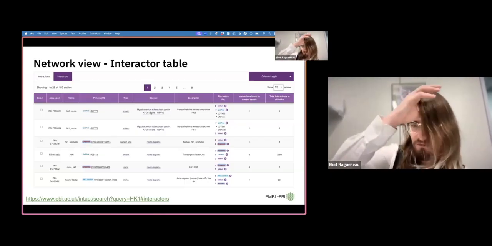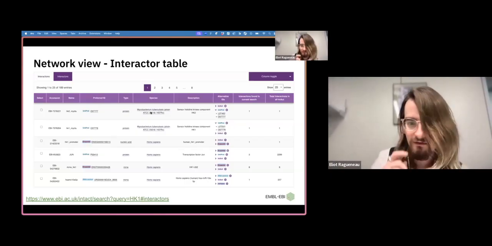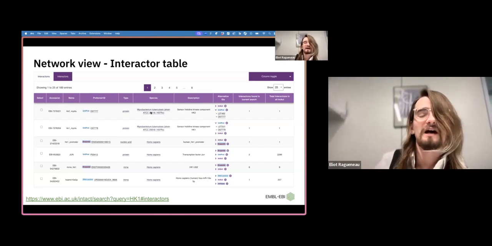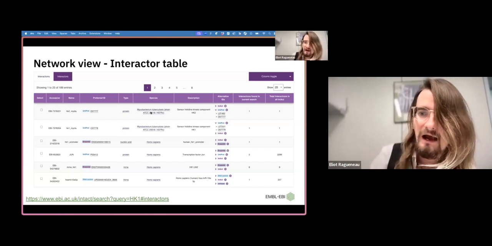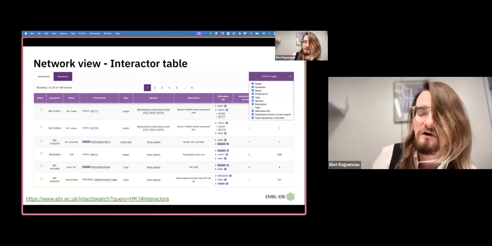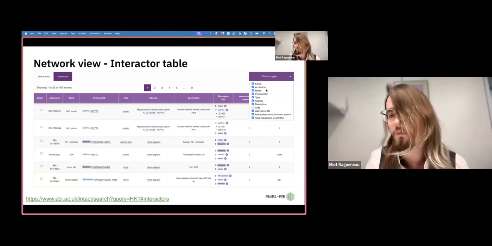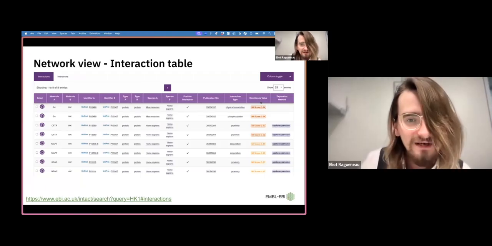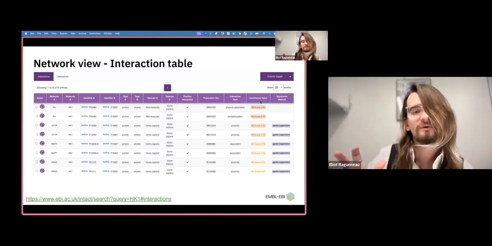This is all maintained within an ontology system so that you always have a clear idea of what we are talking about and that things are standardized across the different IMEx partners. On the right here, you have the column toggle, which allows you to show less or more data according to your needs. Then comes the interaction table, where most of the fun really happens.